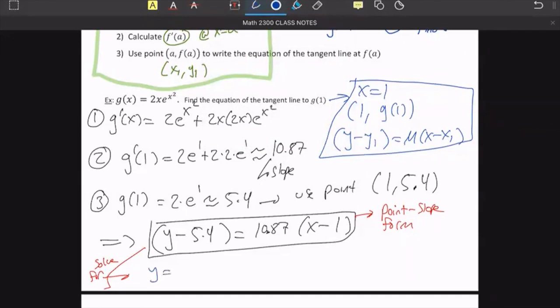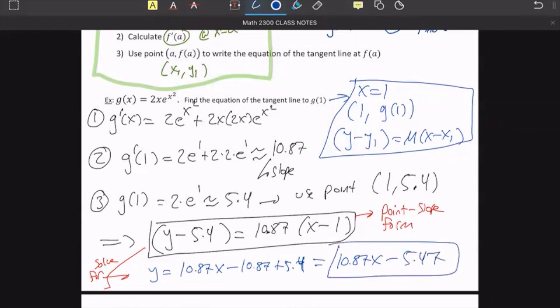It'd be y equals 10.87x minus 10.87 plus 5.4, just getting y by itself. And that looks like 10.87x minus 5.47. So it's a different way to get the b if you like thinking about it that way instead.